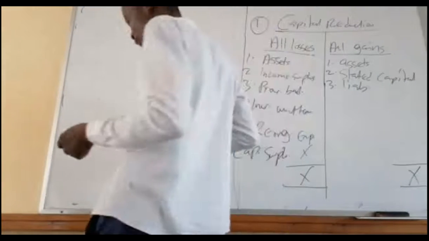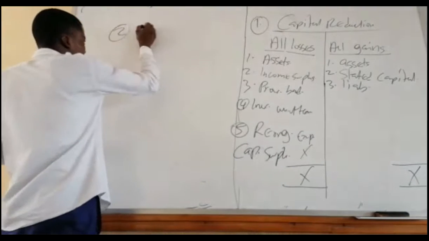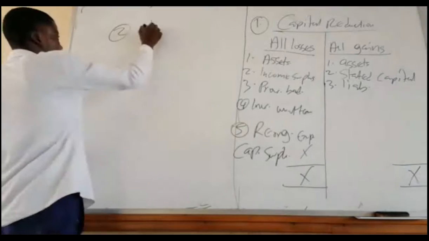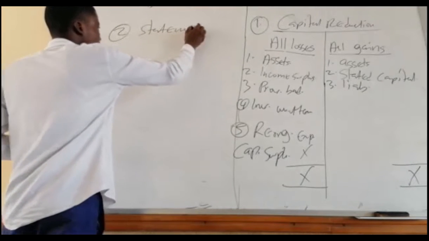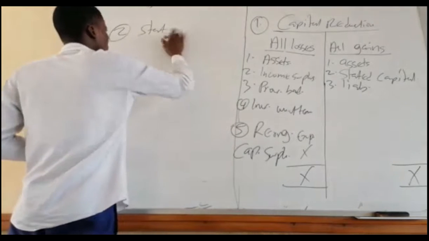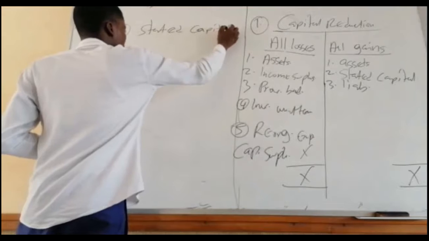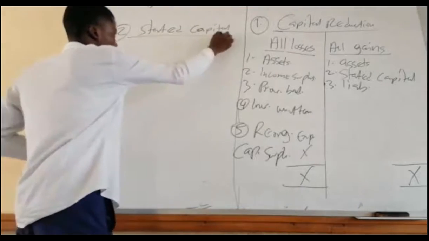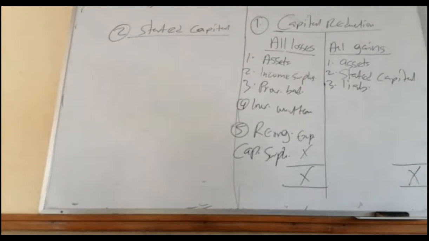Account number 2, stated capital. Now, stated capital is made up of two items.